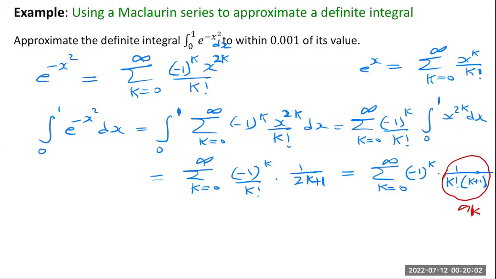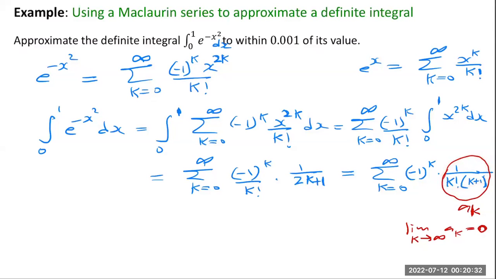Also notice that this a_k is a decreasing sequence, and the limit as k goes to infinity of a_k is clearly 0. And also a_k is a decreasing sequence.